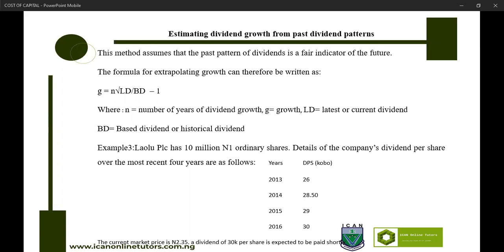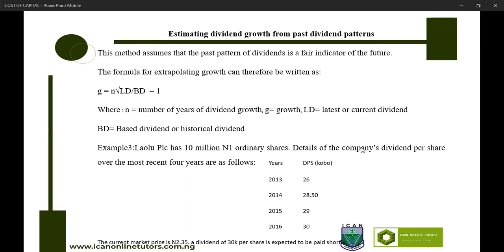Okay. Now, I just mentioned that there are some textbooks that will give us the formula as N minus 1 before the square root. The understanding of this N minus 1 is that where your dividend is given in a series of years, year 1, year 2, year 3, year 4, year 5, what you need there is the number of years minus 1.